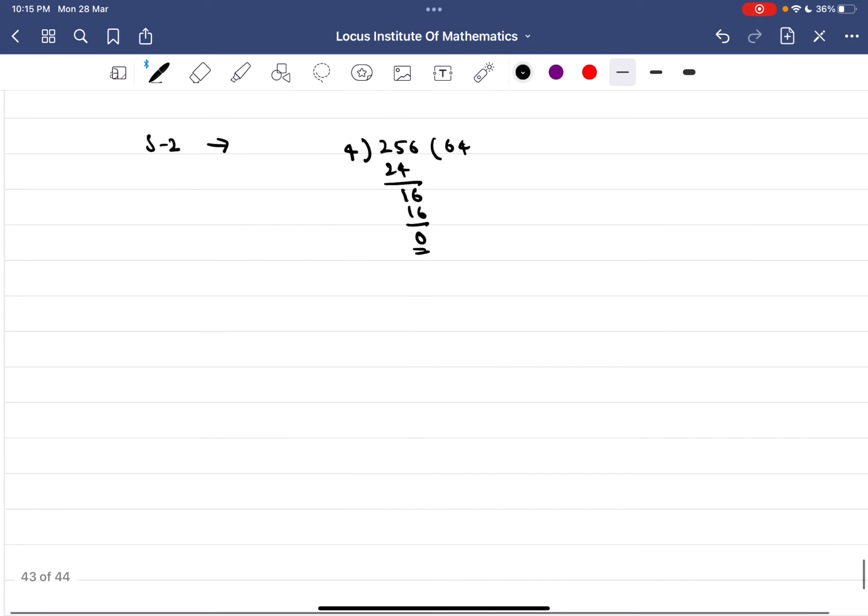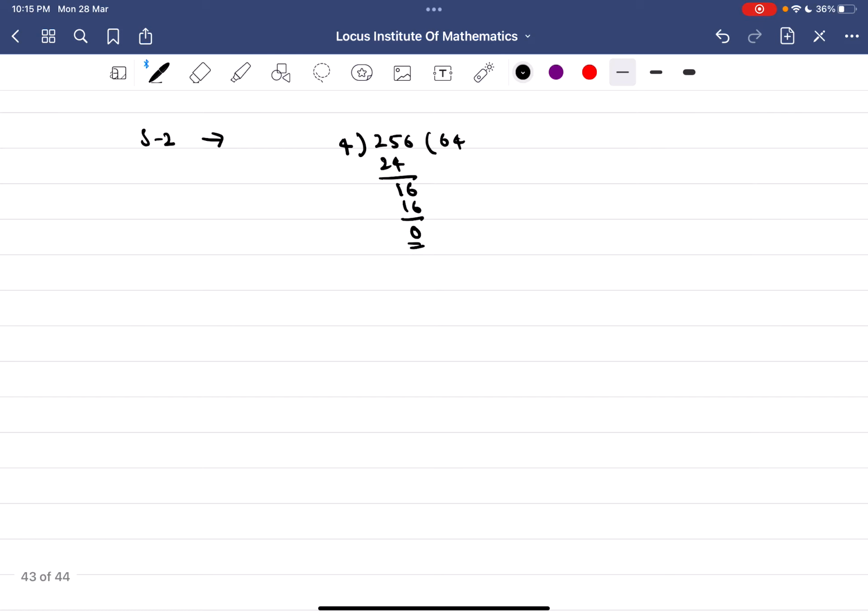Now if you divide any number by 4, you will get the remainder either 1 or 2 or 3 or 0.